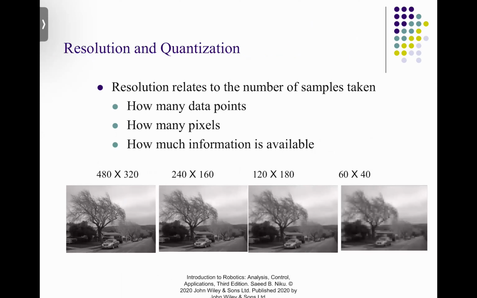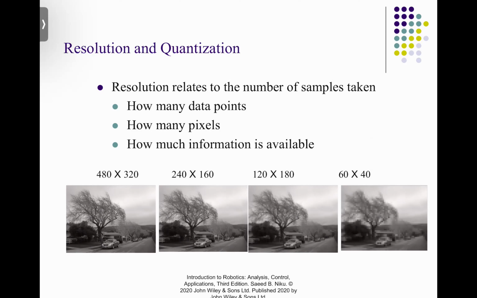Now, there is a concept called resolution and quantization. Resolution, probably you know, is like 480 by 320, 240 by 160, 120 by 80, 60 by 40. Depending upon the resolution that you want, the image can become blurred or sharpened. Quantization means how many gradations you have available to represent a particular pixel. If the quantization is 2 to the power 4, you have 0 to 15, 16 grades of shade.